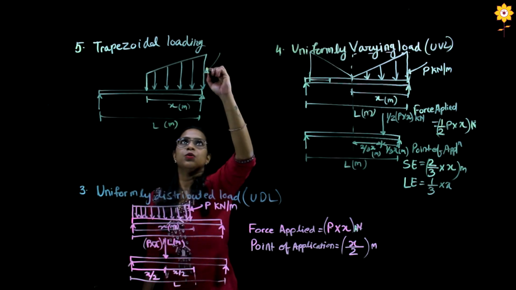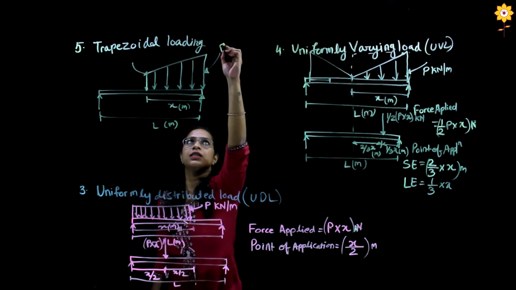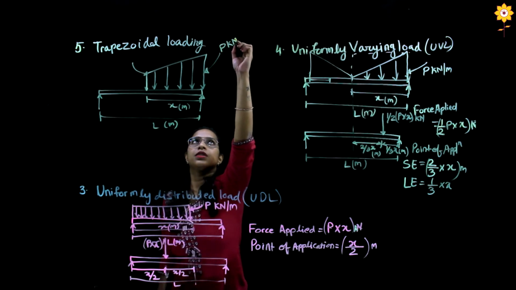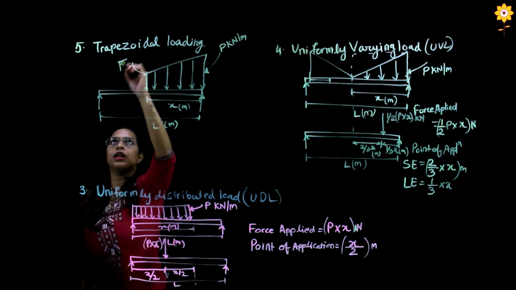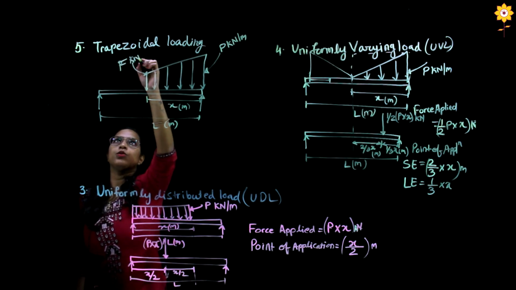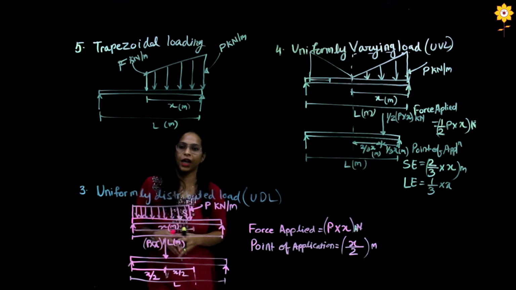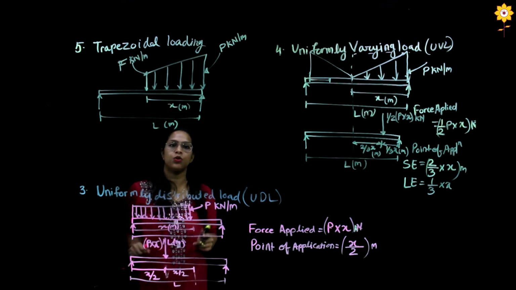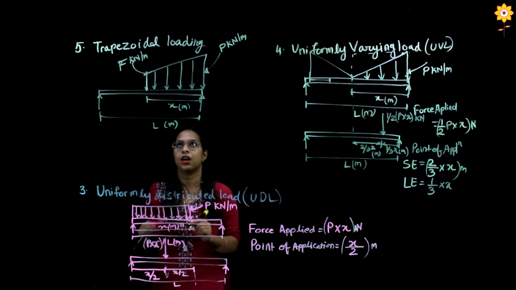If you see, there will always be two forces mentioned. Let's say this is P kilonewtons per meter and here there would be F kilonewtons per meter. Whenever we convert this into a point load, we will get two forces. How?